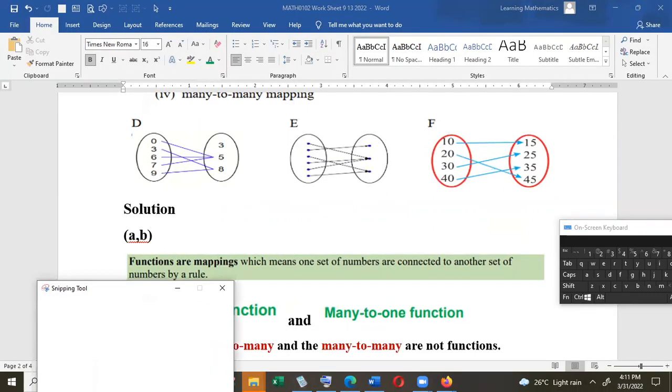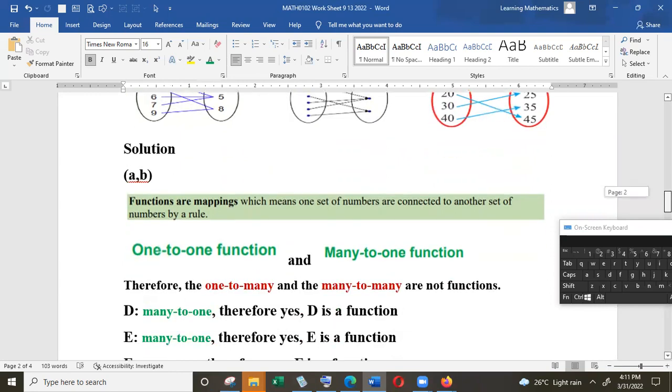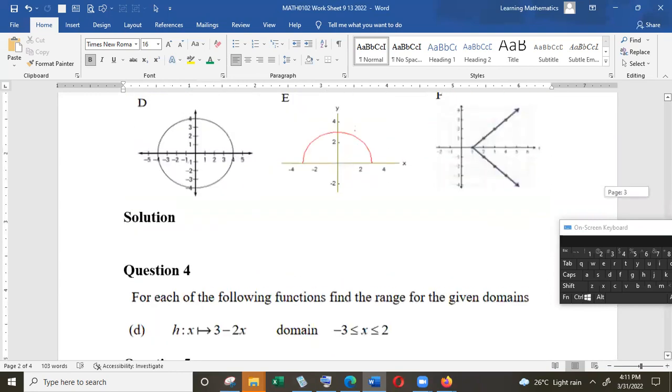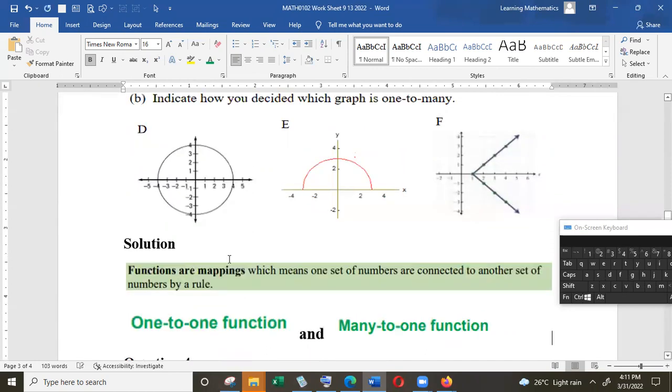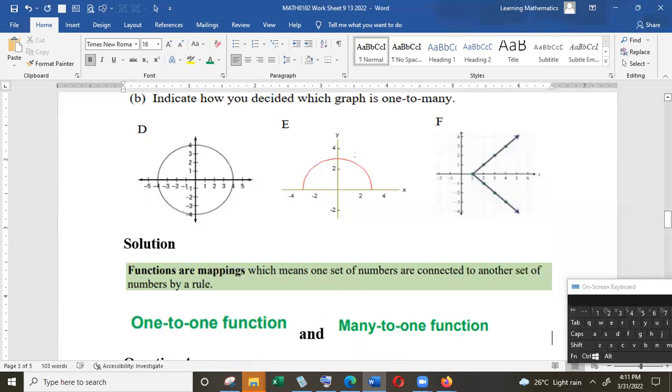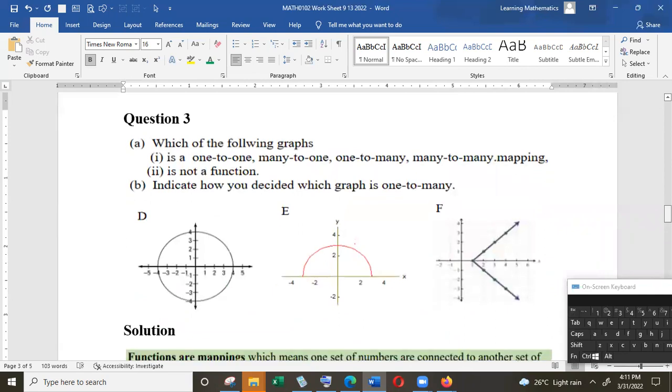Okay, so let's carry that forward. Right, so bearing this in mind, we can identify what type of mapping it is, and if it is a function or not.